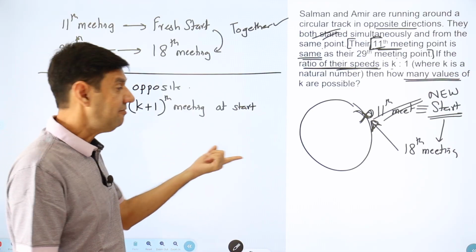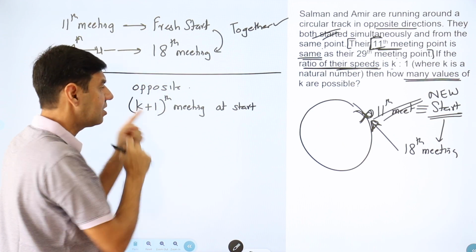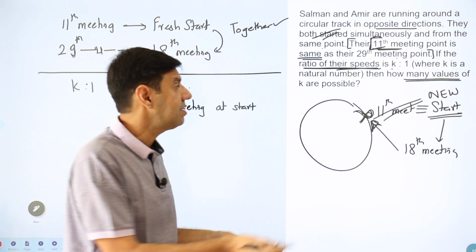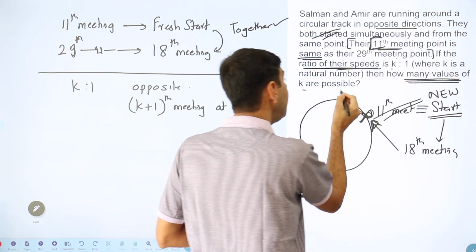So k could be 17, so directly 17 plus 1, the 18th meeting will happen at the start. So k is 17 is an obvious thing, but the question is asking how many values.